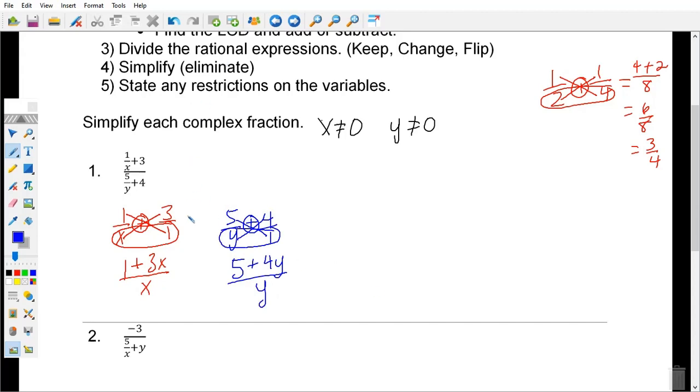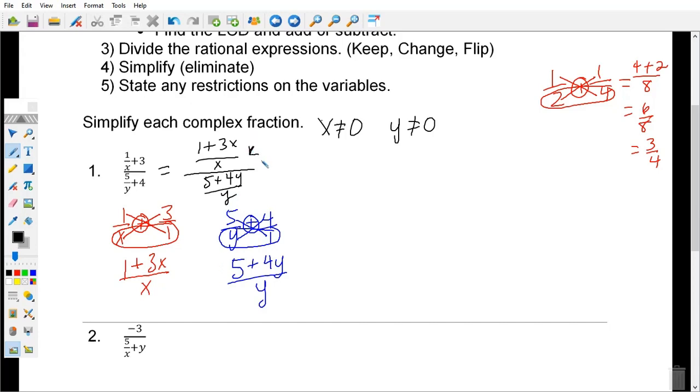Okay, now what happens is this is your numerator, this is your denominator. So I'm going to rewrite it just so you can see it all together. So the problem now equals 1 plus 3x over x, all over 5 plus 4y over y.